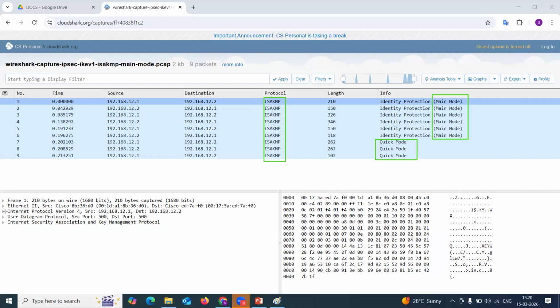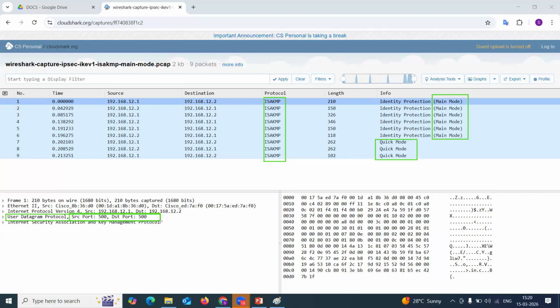And this ISAKMP packet is carried by which protocol? UDP. ISAKMP is a UDP-based protocol. And what are the source and destination ports used by ISAKMP? 500 for source and 500 for destination.